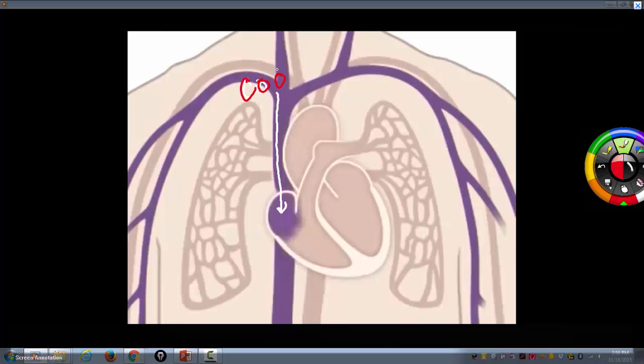It's got medallions and a mullet. So this cooler blood is going to mix with the relatively hot blood from the metabolically active parts of the body. So if you mix cooler blood with hot blood, that's going to decrease the temperature of the blood. And by the time that blood gets sent to the lungs, it's back to 98.6.